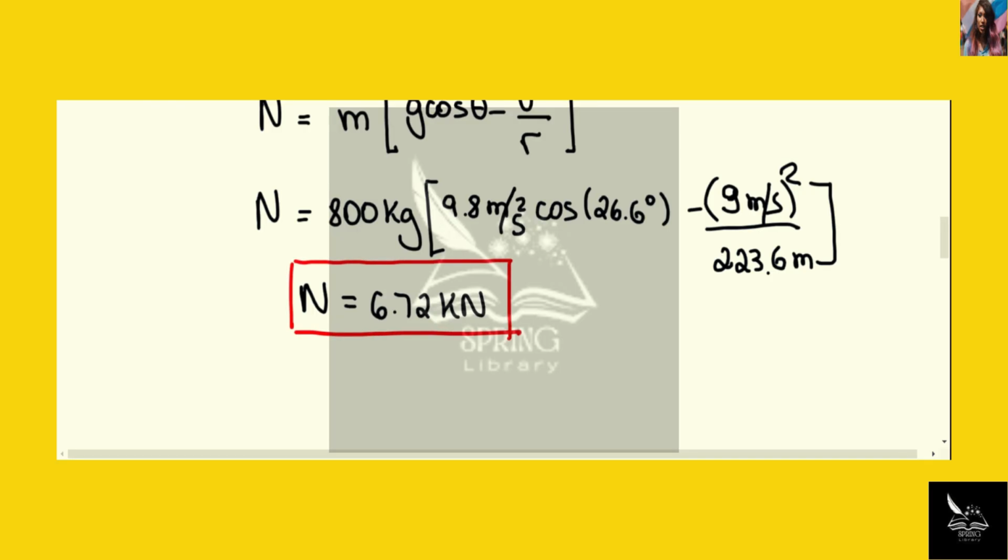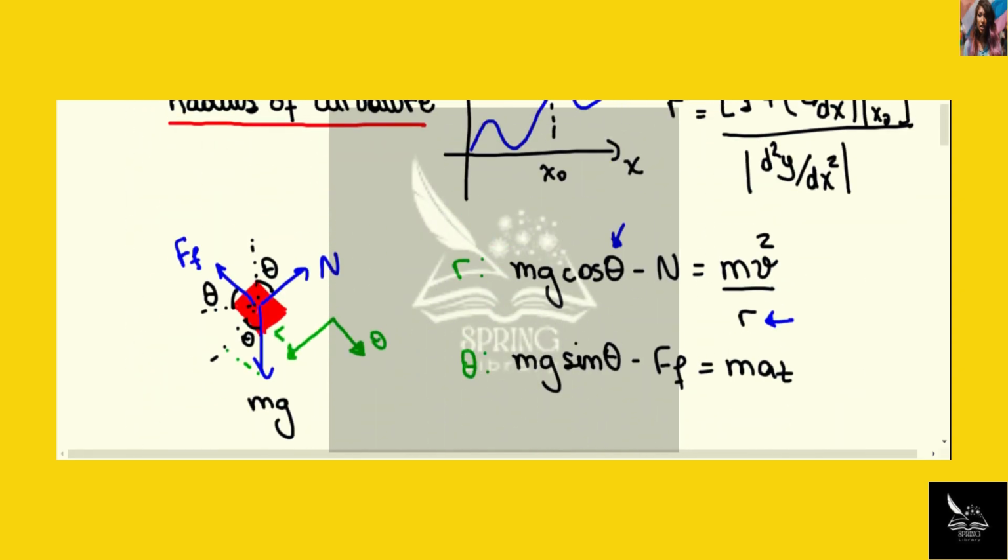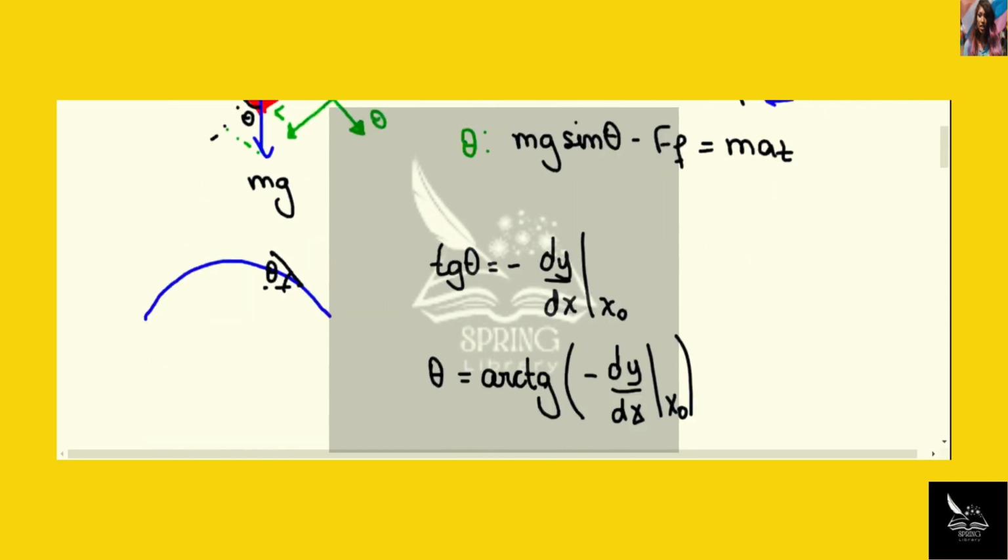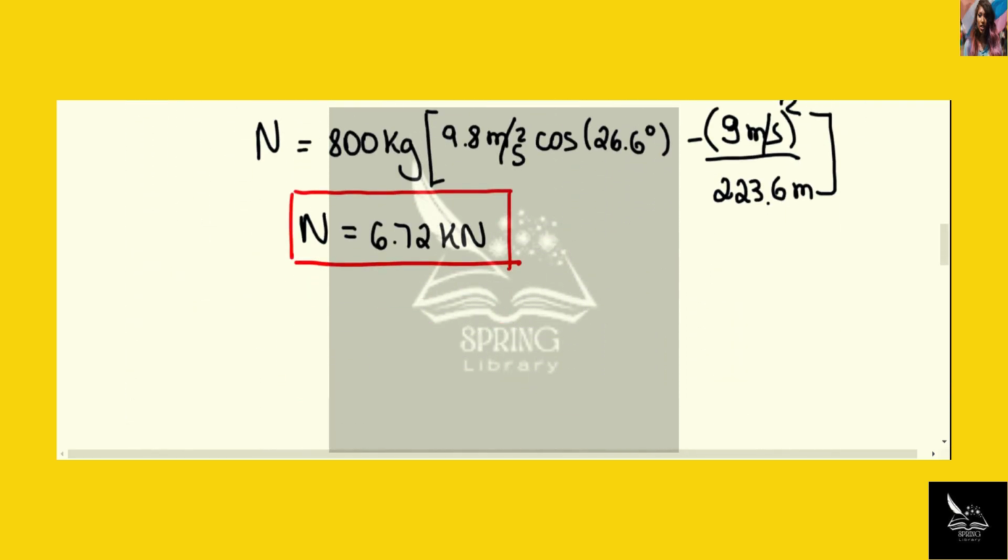We also have to find ff. Remember that the acceleration is 3 meters per second squared, the tangential acceleration, which, as I said, is the rate of increase in the speed. So we have that ff is equal to m times g sine of theta, actually minus m times at.